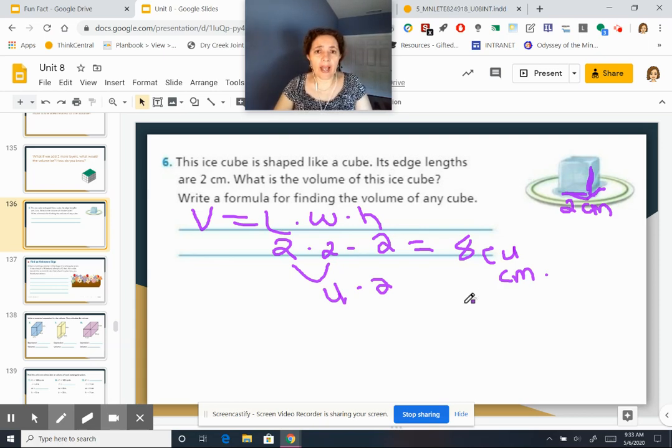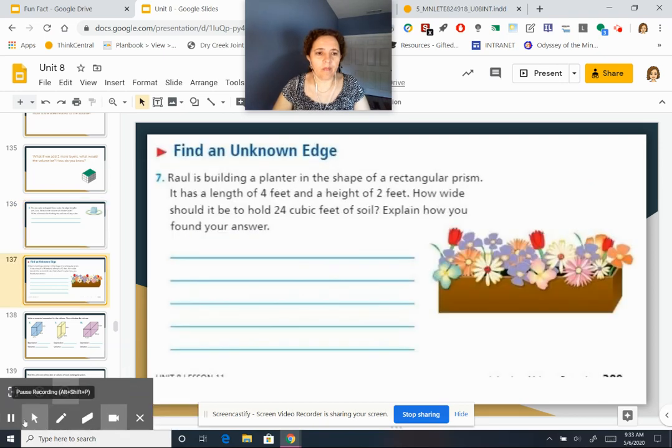Let's take a look at the next word problem and see how it changes a little bit. Okay, let's look at this one. It says, Raul is building a planter in the shape of a rectangular prism. So here's his planter that he's making. It has a length of 4 feet. So here's my length.